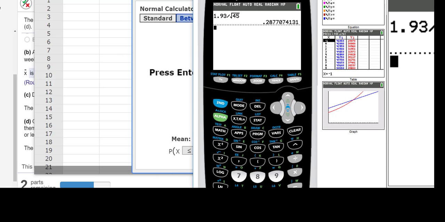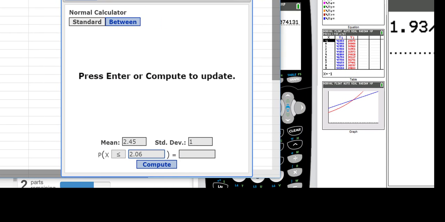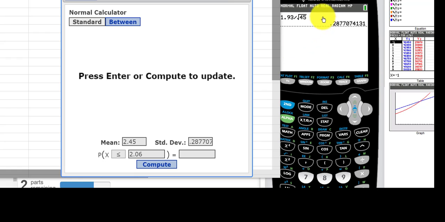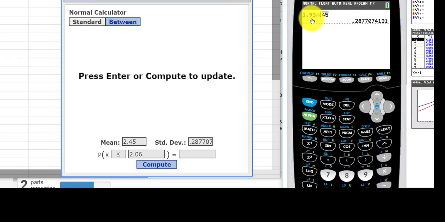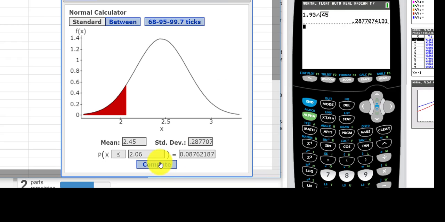So let's write that down. Okay, so I take the standard deviation, I divide by the square root of n, 45. This is my result. I paste that in for standard deviation, and then I press compute.